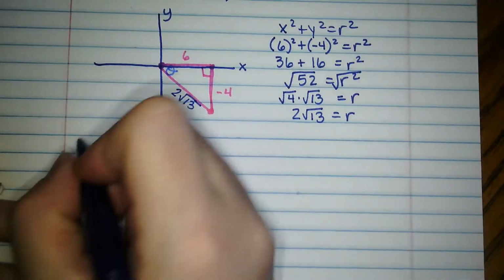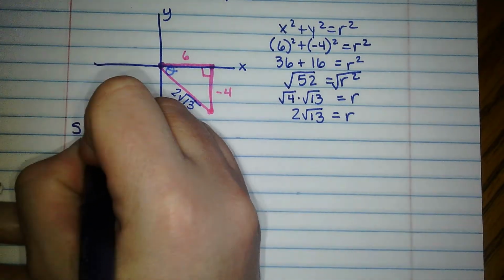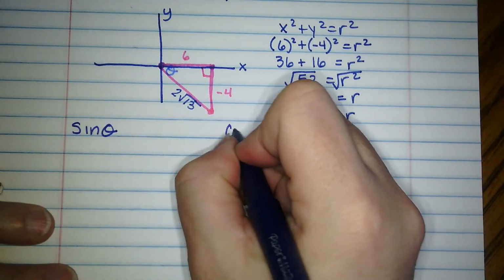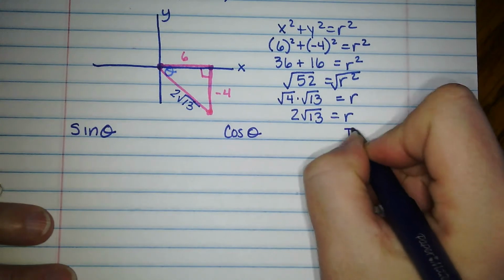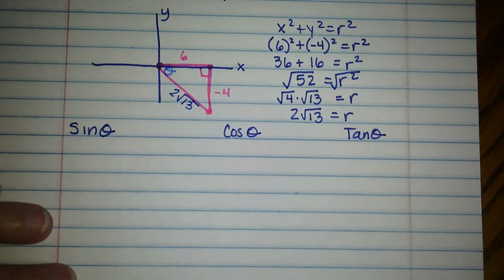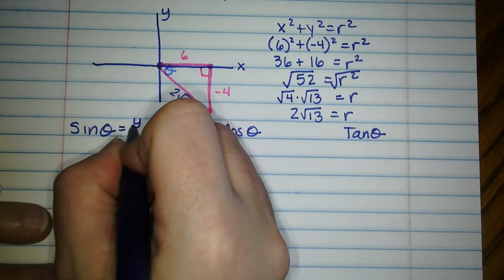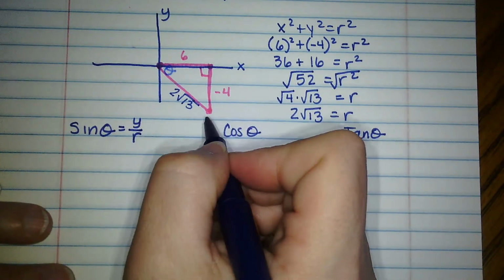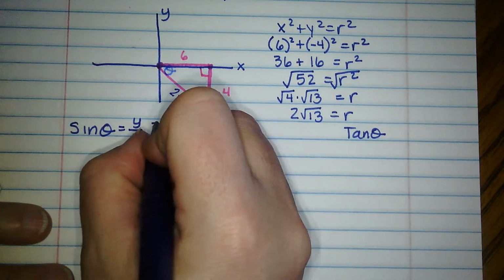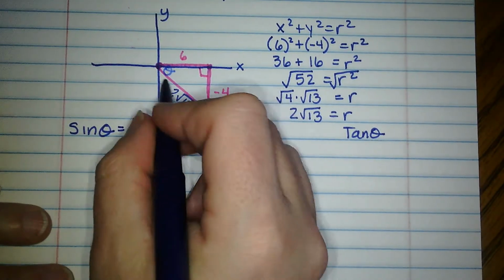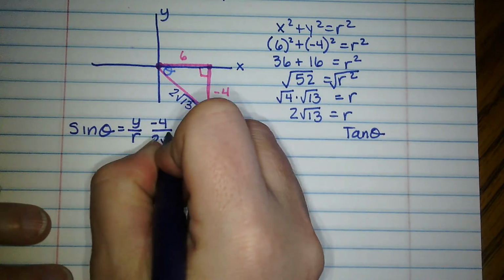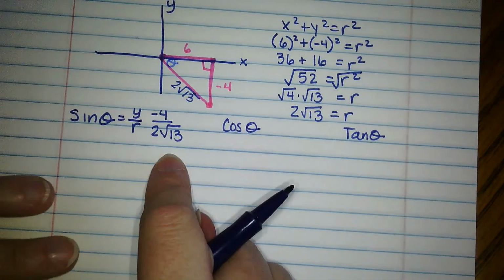Now I can very quickly do my sine theta, my cosine theta, and my tangent theta for this problem. Sine is y over r. So my y coordinate is -4, and my r, my radius, is 2 radical 13. I've got to simplify this.